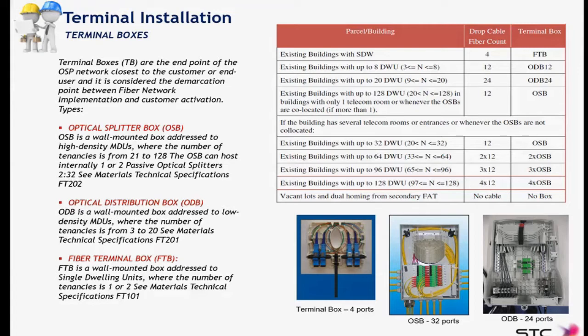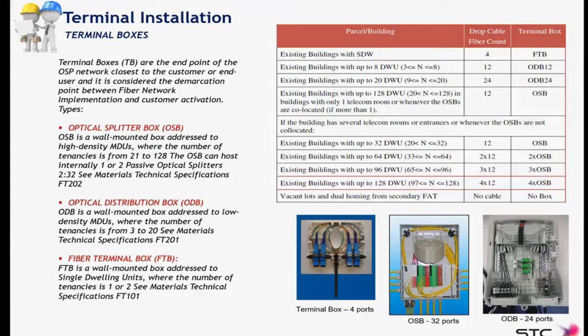In most cases, the OSBs that we order from manufacturers equip one splitter, so their maximum capacity is 32 ports. Therefore, in order to complete the connectivity to 128 tenants, we need to install 4 boxes. Depending on the location where we installed those 4 boxes, we apply a solution or another one.